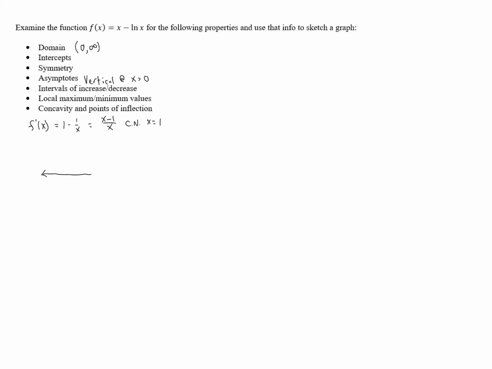We can make a sign chart to look at what's happening with our intervals. I'm going to put 1 there. I'm also going to put 0 here just because it's undefined to the left of 0, so we don't have to worry about that. And our factors for the derivative are x minus 1 and x.